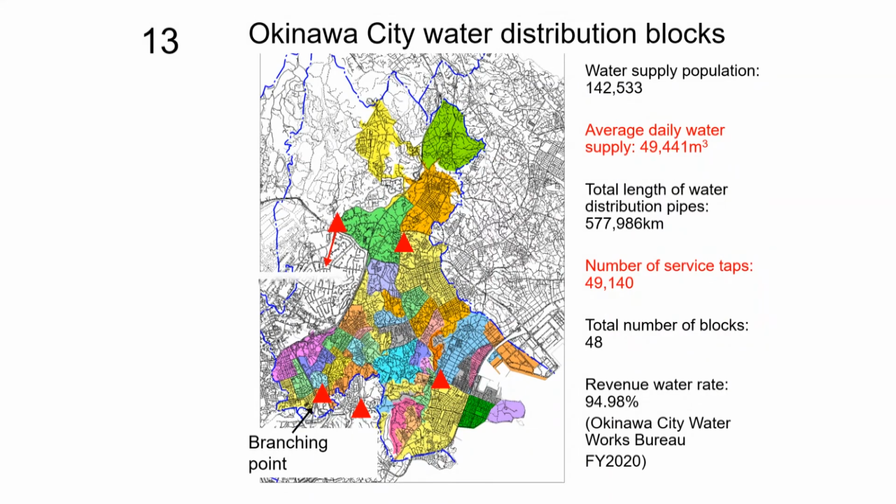Okinawa City receives treated water supplied by the Okinawa Prefectural Enterprise Bureau at 6 branching points in the city. 2 of these points exclusively supply water to the U.S. bases, so civilian areas of the city receive water supply from 4 remaining branch points.